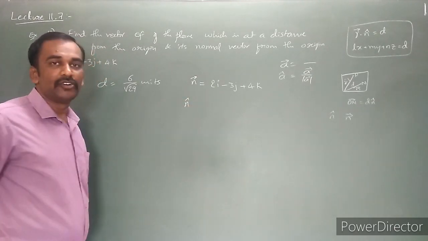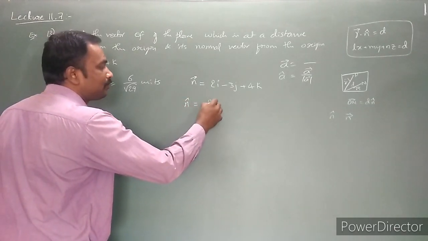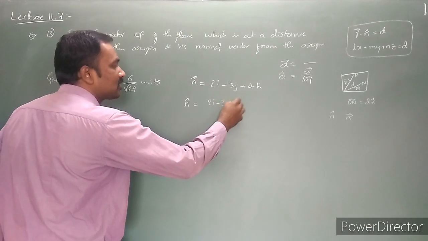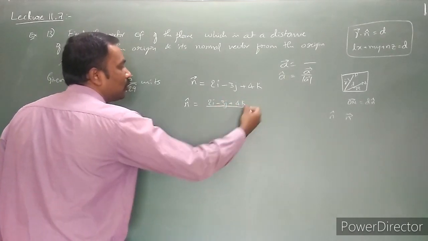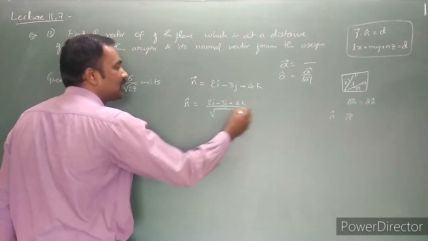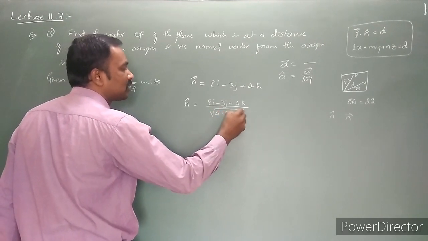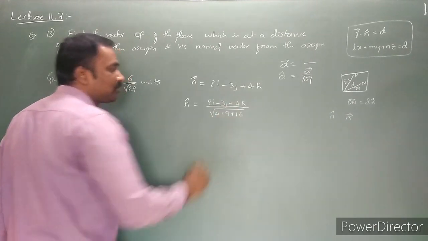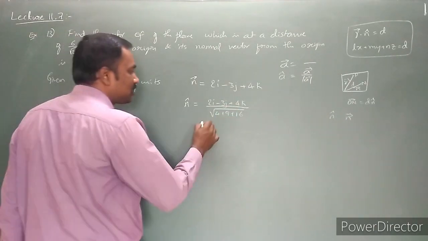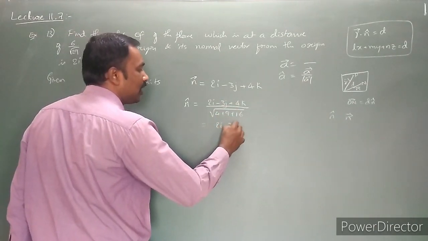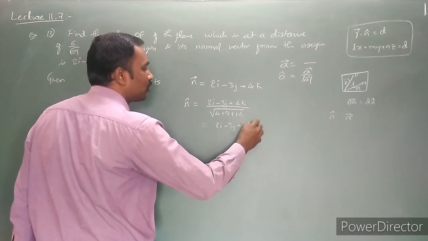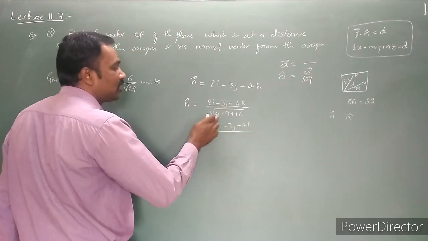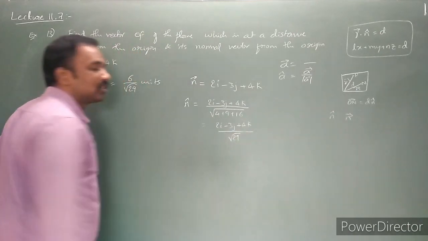How to find n cap? It is equal to 2i minus 3j plus 4k, whole thing divided by the magnitude, which is root of 4 plus 9 plus 16. Are you clear? 2 square plus 3 square plus 4 square is 29, so it is 2i minus 3j plus 4k divided by root of 29.